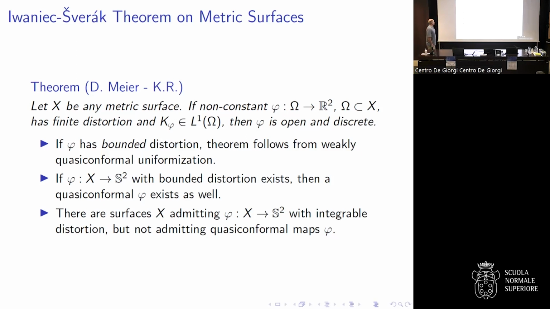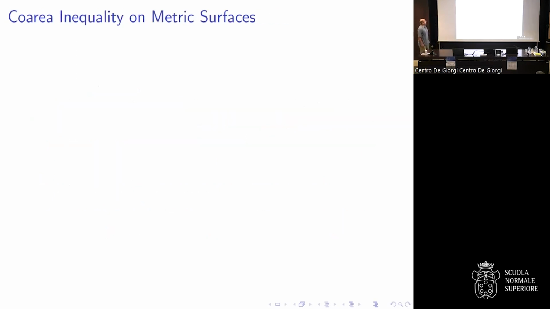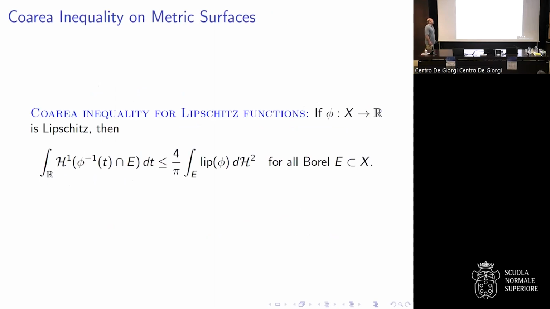I don't want to say anything about the proofs, except that proofs are largely based on the coarea inequality on metric surfaces. So in our case, if we look at real valued functions, the classical coarea inequality of Federer, there are lots of generalizations, but I guess in our case Federer is enough.